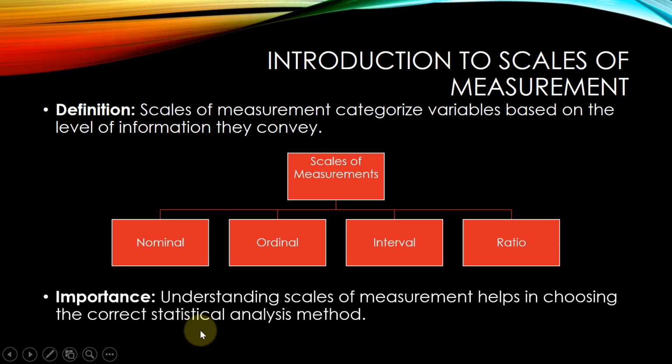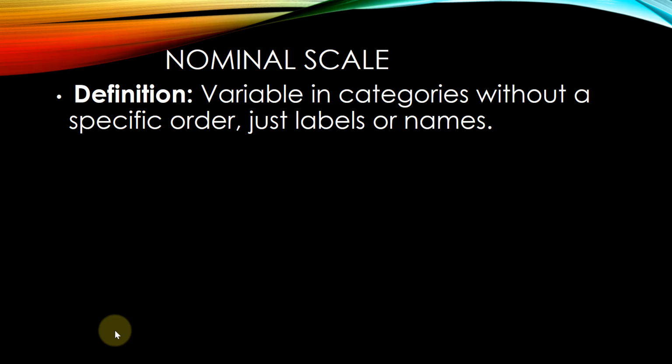In your research, if you understand the appropriate scale of measurement, then you will be able to select appropriate statistical analysis for a particular scale. So first of all, we see the nominal scale.